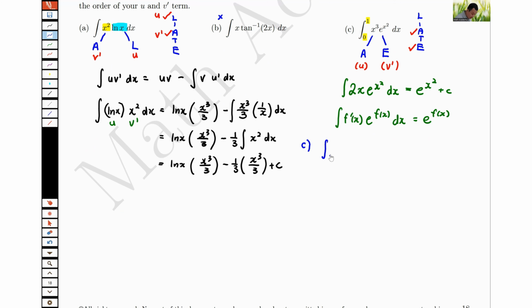So when I start writing the equation, I will be splitting up the x cubed. X cubed, can I split to x squared? And the other term, I would like it to be 2x e^(x squared). So to balance the equation, I need another half in front. Only with this can I call this as V prime, and I call this as U.